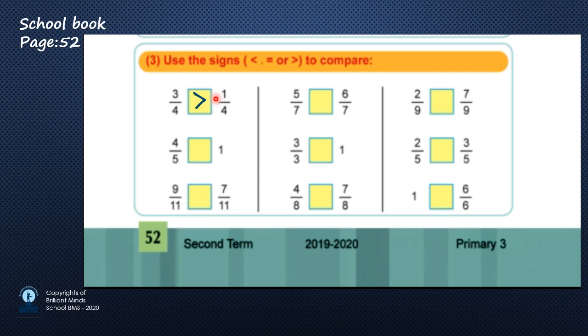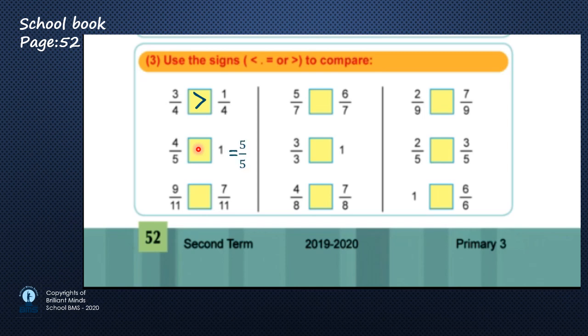Next one, I have here 4 over 5 and 1. We said 1, we're gonna take it and put instead of it a fraction. N equals D. I will put 5 according to the denominator in the first fraction.